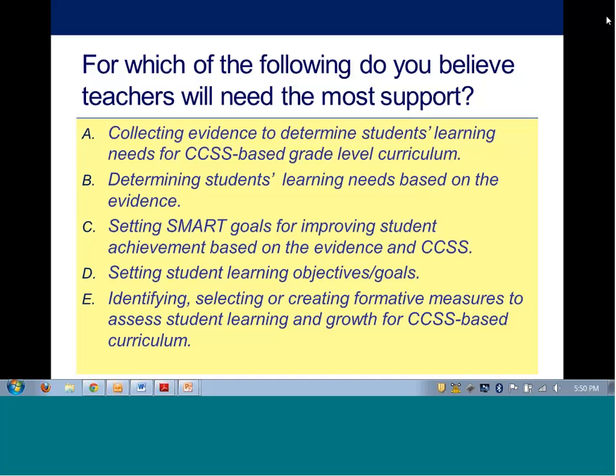So Denise, this is Nikki. I just want to interject that we created a formative assessment training last year that's available. And so if teachers in your district need support in that area, please let us know and we'll come up with a design to provide that training for you.